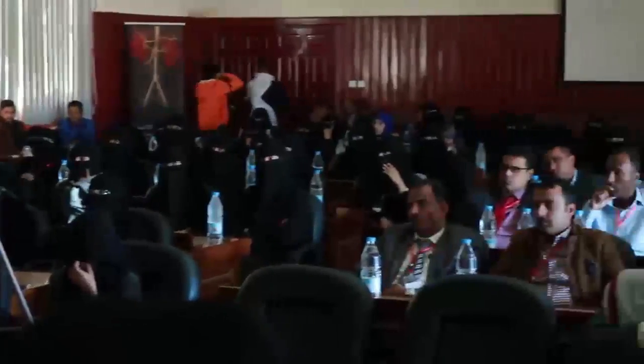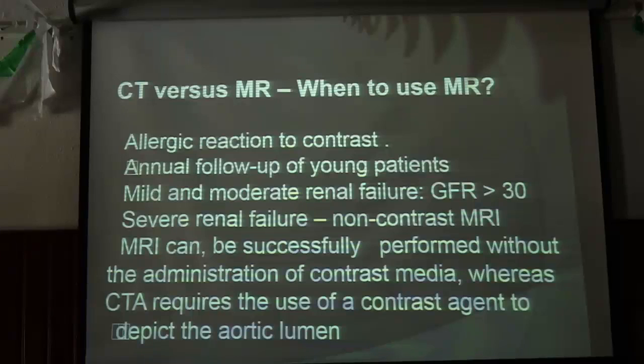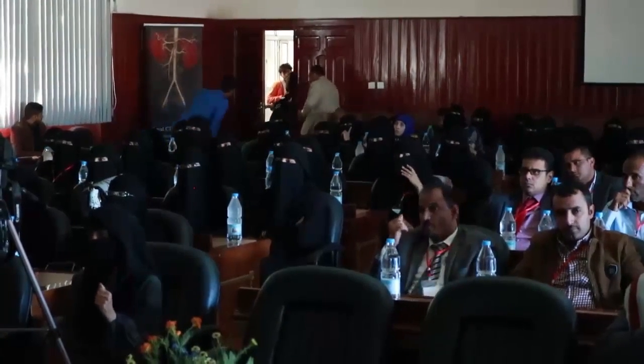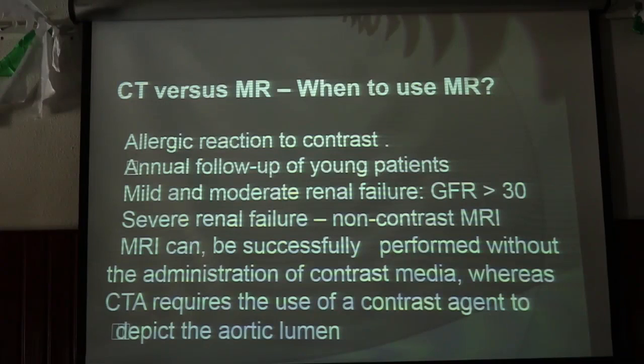MR angio is used in cases of allergic reaction to contrast, annual follow-up in young patients, in cases of mild or moderate renal failure when the glomerular filtration rate is more than 30, and in cases of severe renal failure, non-enhanced MRI can be used to visualize the lumen, while in cases of CT, contrast is needed to depict the lumen.